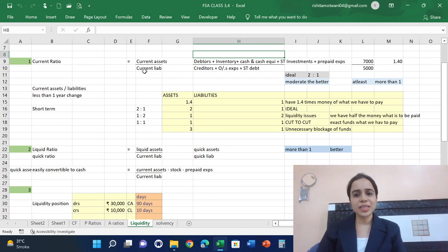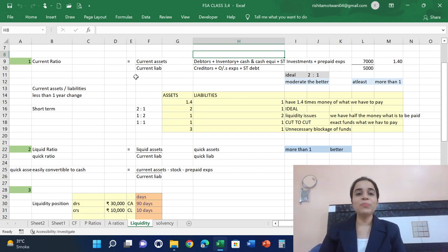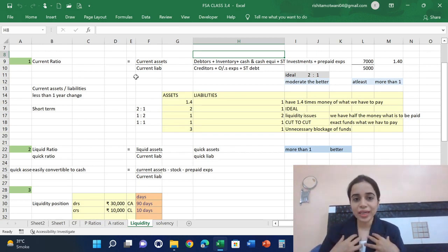Current ratio is calculated by dividing current assets by current liabilities. What are current assets? Current assets are any assets which change in a span of 1 year. Let's take this laptop. This laptop is a fixed asset for me, right? If you come after 6 months, this laptop would still be with me.